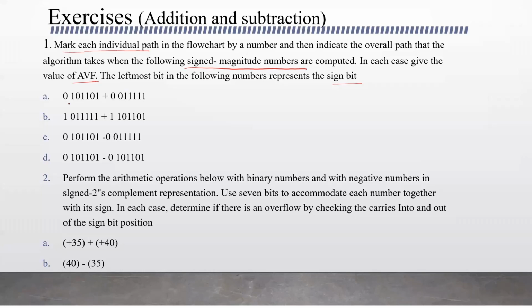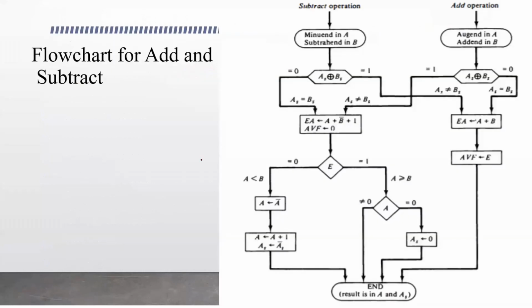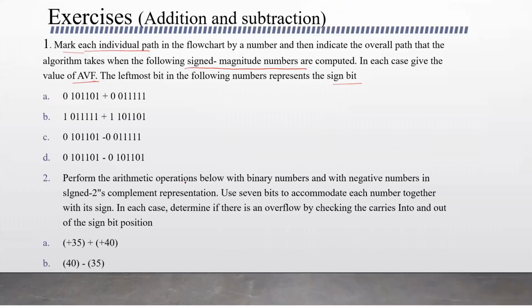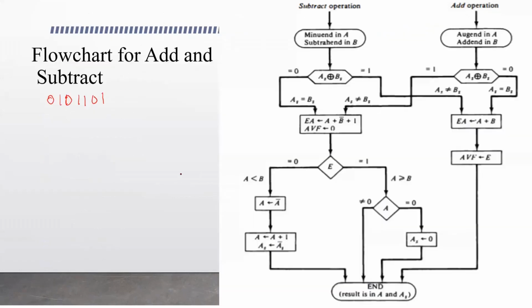Let's take the first one, 0 1 0 1 1 0 1, and the second number is 0 0 followed by 5 ones, with a plus operation.